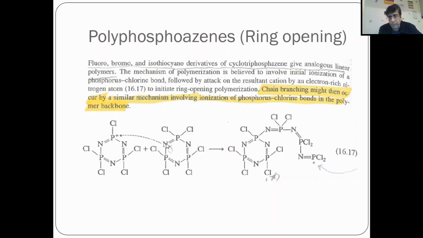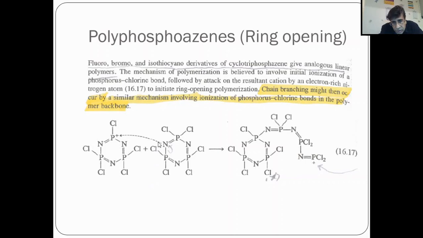Then what do you have? You have P with a double bond with 2Cl. So you have N double bond P with 2Cl, and then you have N double bond P with 2Cl.